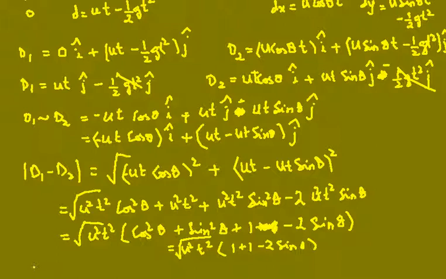So that would be equal to u square t square into 2 minus 2 sin theta, square root still on.